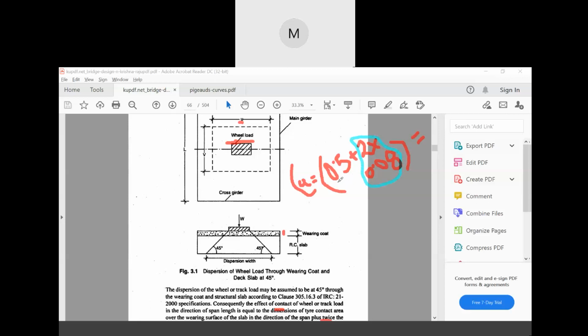Where will the change be? It will be here. Why? Because for u we consider this part, and for v we will have to consider this part. So here, in place of 0.5, it will be how much? It will be 0.25.